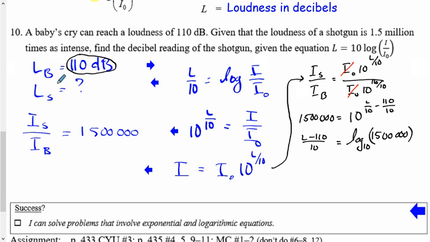I didn't put this subscript of S here with the L just because my L's are small and my writing is a little messy. But let's just keep going here. So I have L minus 110. I can multiply the 10 up to the logarithm.